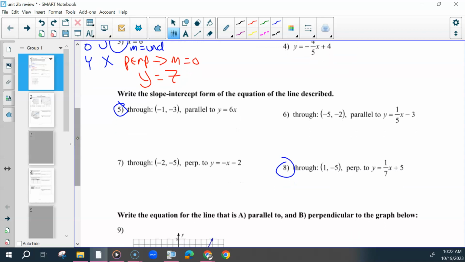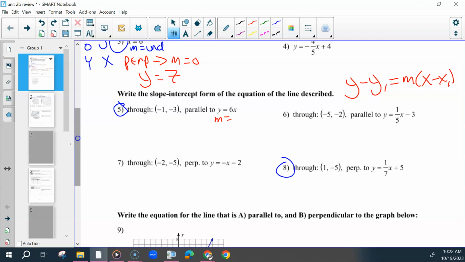Alright, for these, we have to use our point slope. For reference, remember that this formula is somewhere over here in pink, point slope, and then it's over there somewhere else again, as well as over in the vocab words. So if we're writing an equation that's parallel to this one, the slope of our new line is going to be what? What do we know about parallel lines and their slopes?